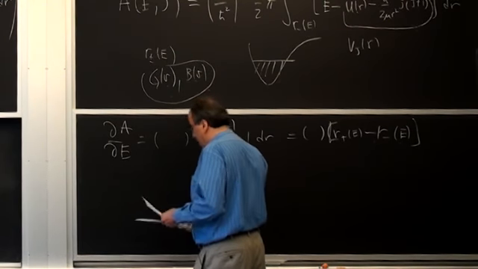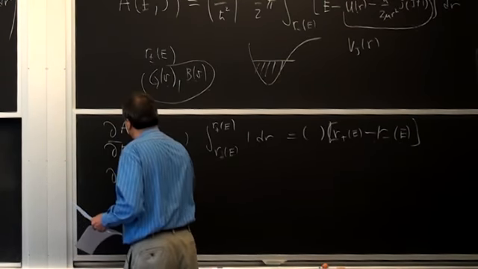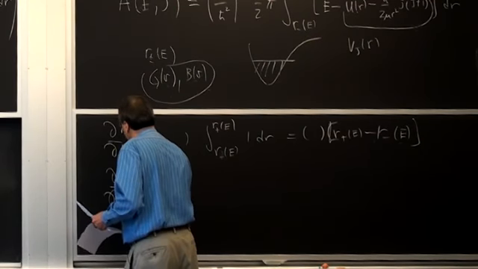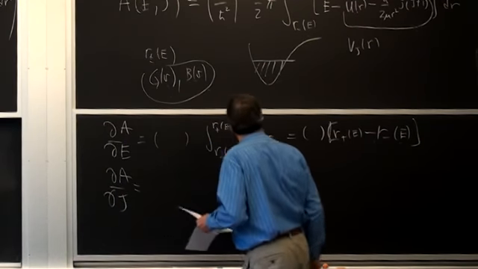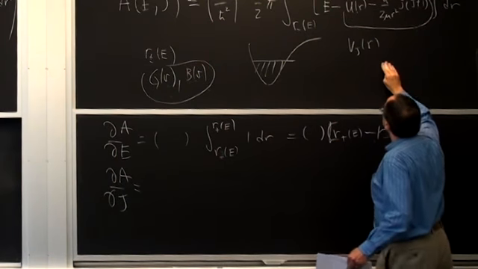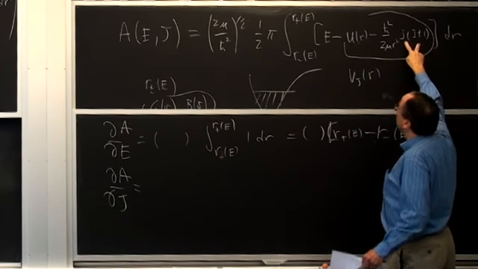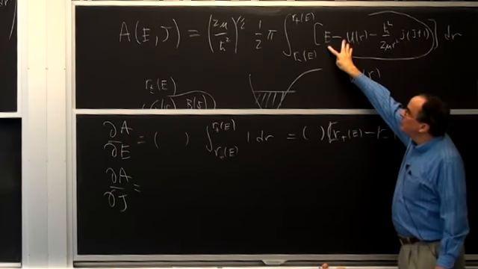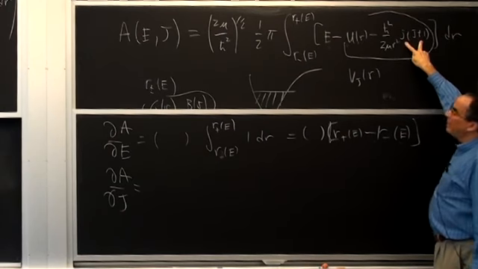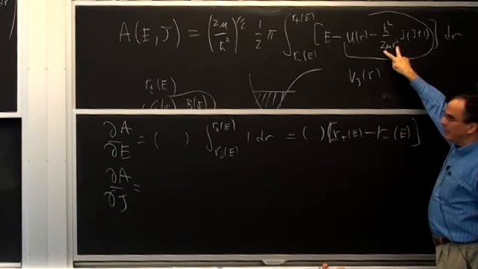Okay, and now let's look at the partial derivative of A with respect to J. Well, where's J? J only appears here. So these two terms go away, and we get 2J plus 1 times that.